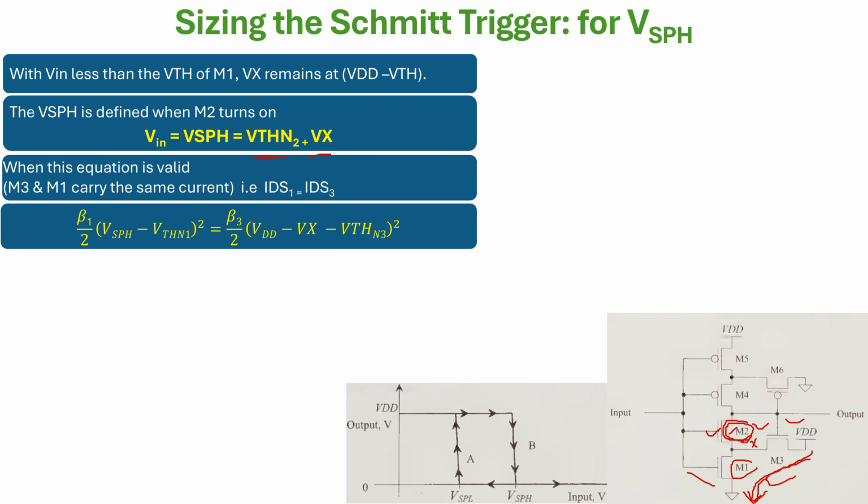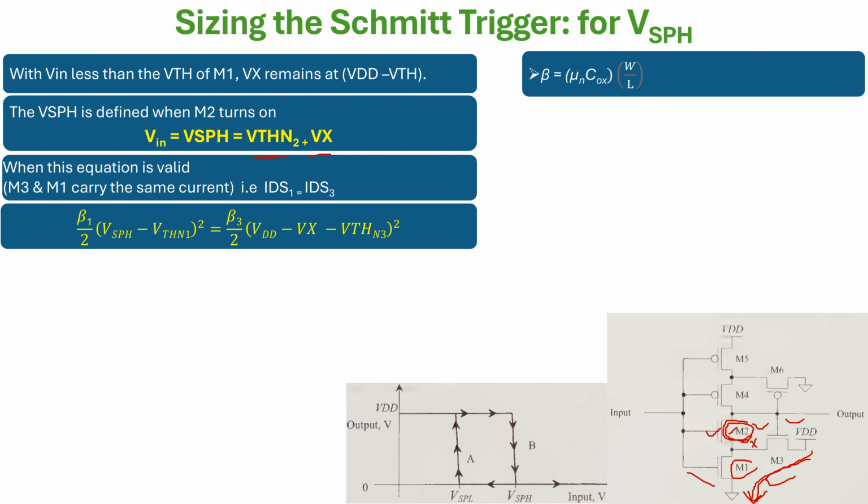So now we can equate the currents, and those equations are beta by 2 into (VSPH minus VTH) whole square, where beta is mu n Cox W by L of the corresponding devices. And for IDS1, what is VGS?